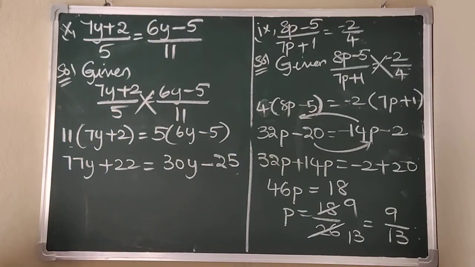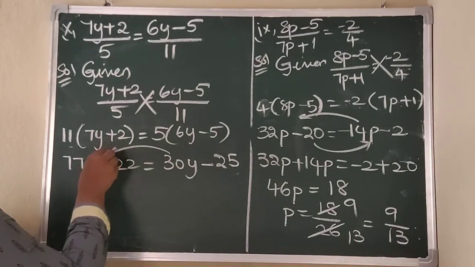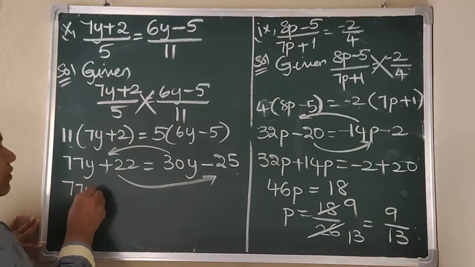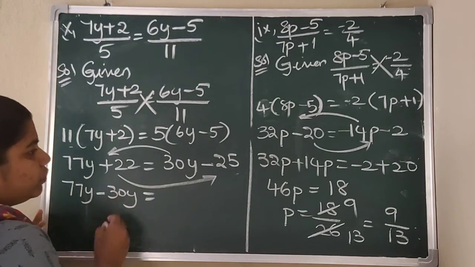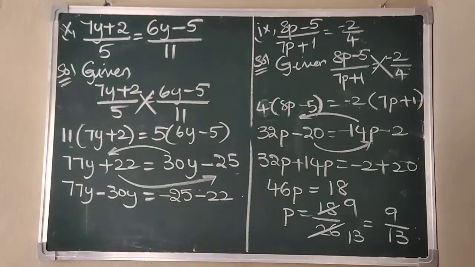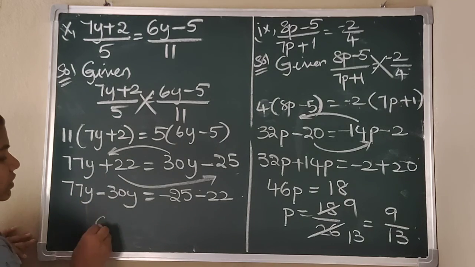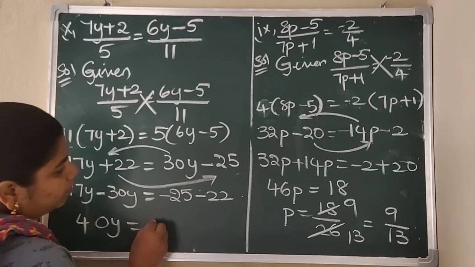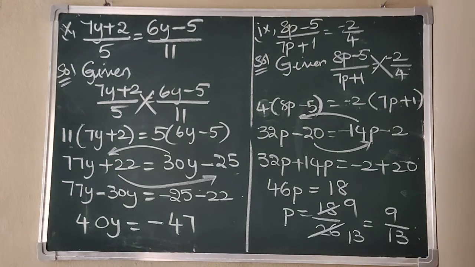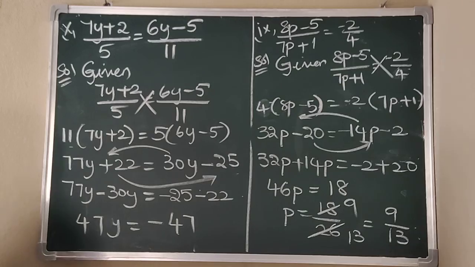Now each and every term you transpose to the other side, so the sign will change. Here I am transposing this value to this side, and plus 22 I am transposing to the other side. So it will be 77y minus 30y is equal to minus 25 minus 22. 77 minus 30: 7 minus 0 is 0, 7 minus 3 is 4, that is 47y is equal to minus 47.